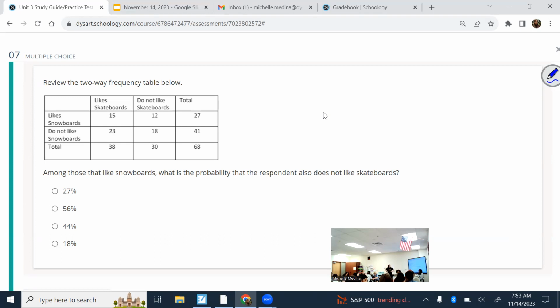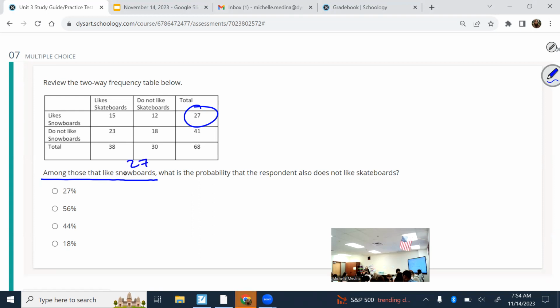So when it says among those that like snowboards, saying among those, that's saying out of those people that like snowboards, how many people would that be? How many people like snowboard? 27. So out of the people that like snowboards, that's 27.